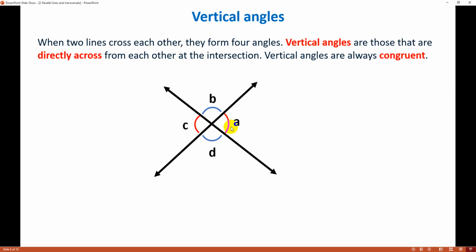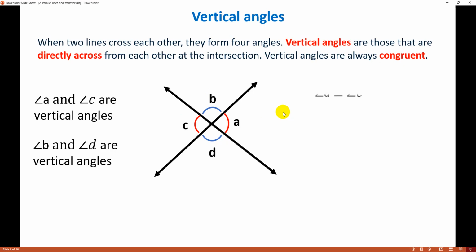So right here we see that A is across from C. So A and C would be vertical angles. Also B is directly across from D. So B and D are also vertical angles. A would be congruent with C because vertical angles have the same measurement, the same degrees. So angle A is congruent with angle C, and angle B is congruent with angle D.